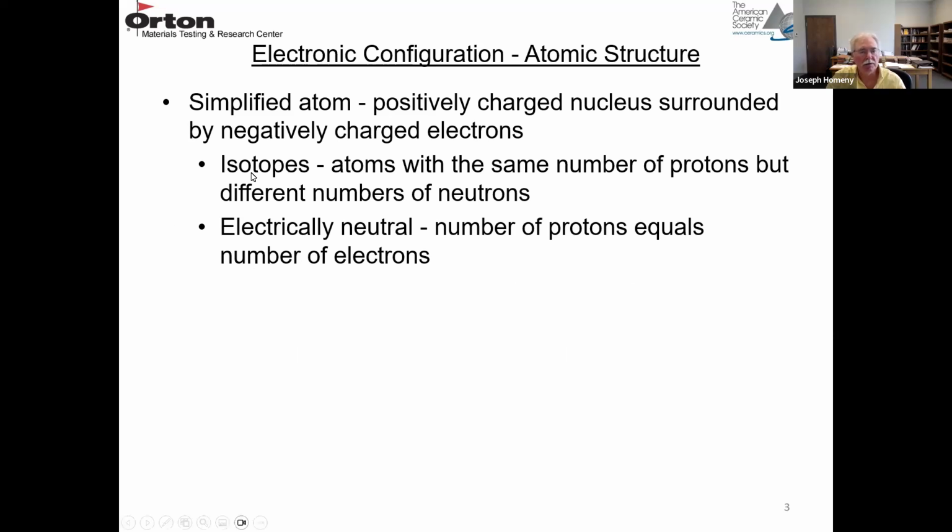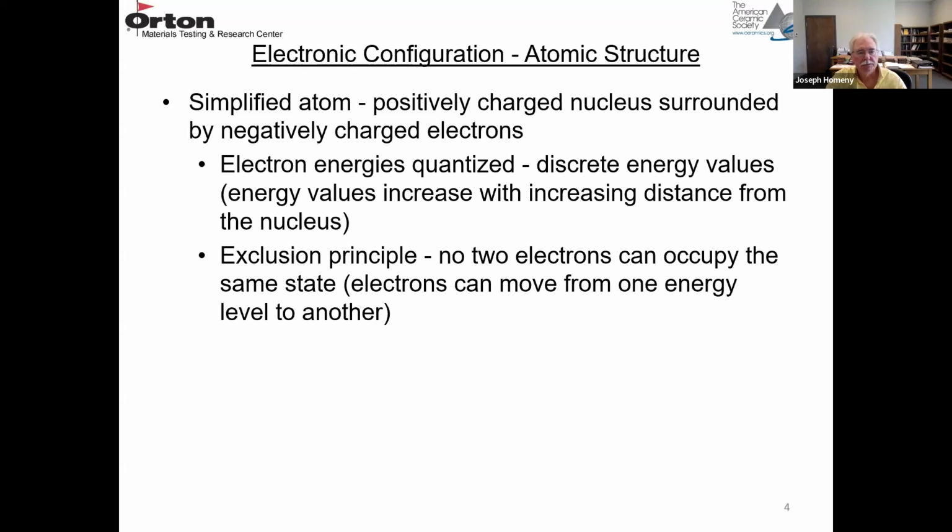Just a few more definitions. Isotopes are atoms with the same number of protons, but different numbers of neutrons. And if it's electrically neutral, the number of protons is going to be equal to the number of electrons. The electron energies are quantized.